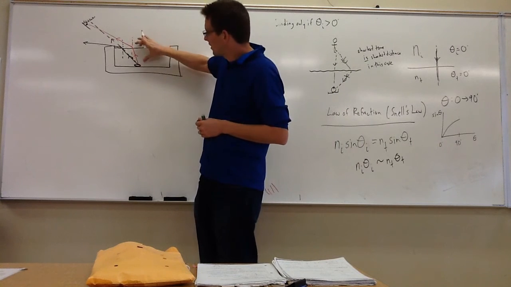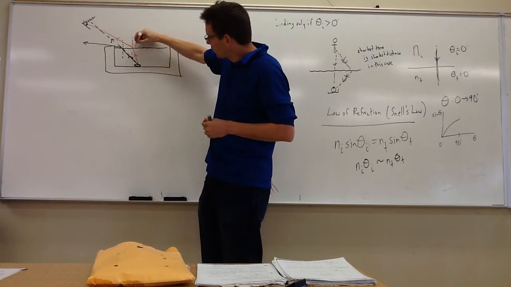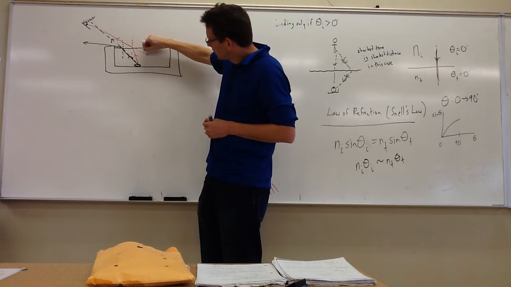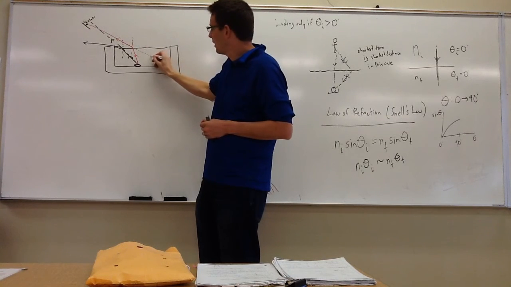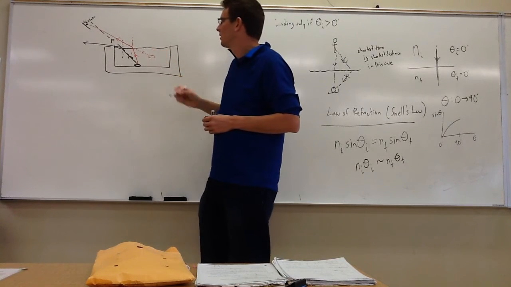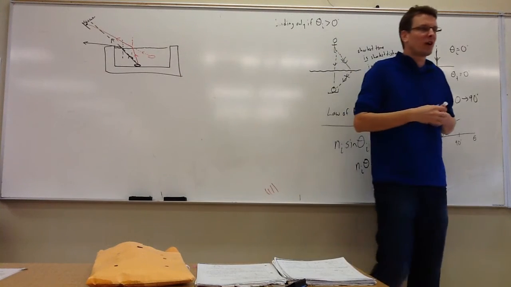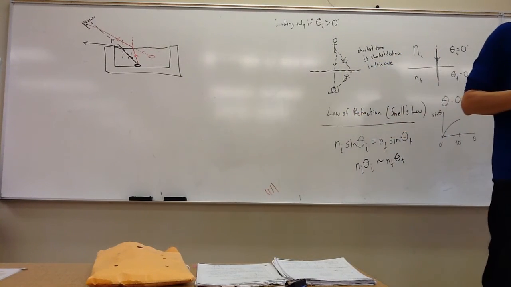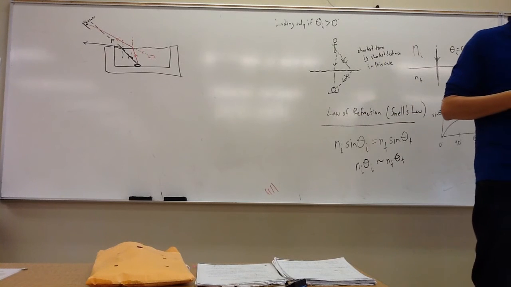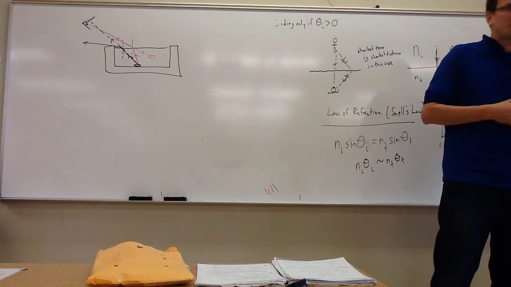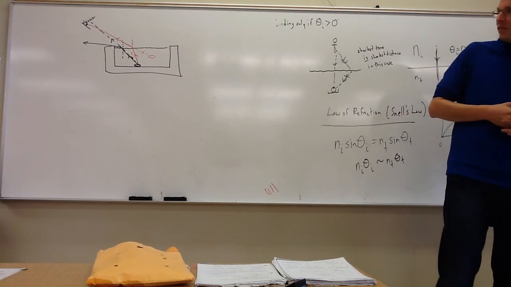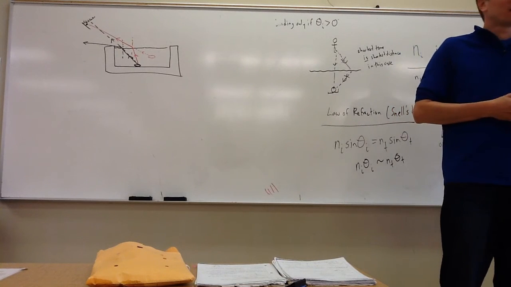It just takes this distance and maps it over here. So the exact same distance, but like that. So your eye will always think that the light is coming directly from the source without any bending. And that puts the coin, as you can see, far shallower in the water.